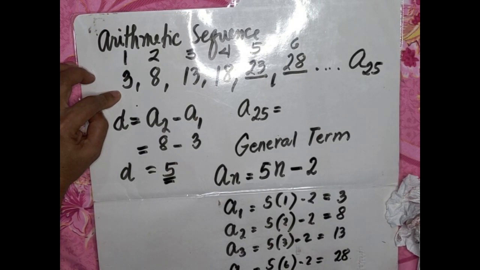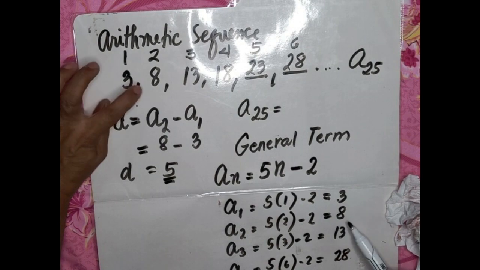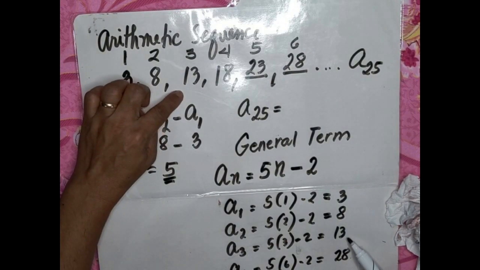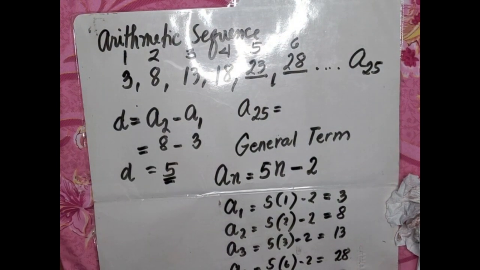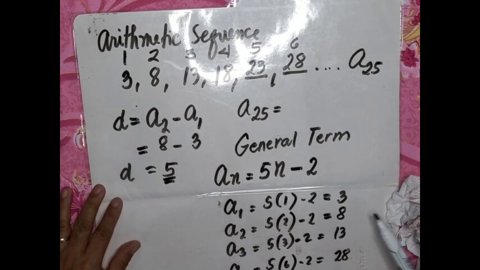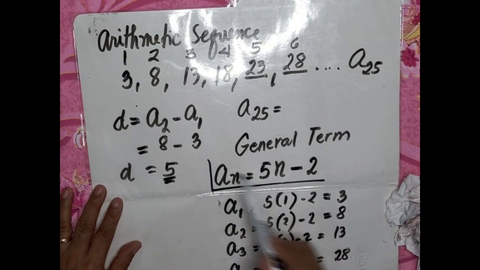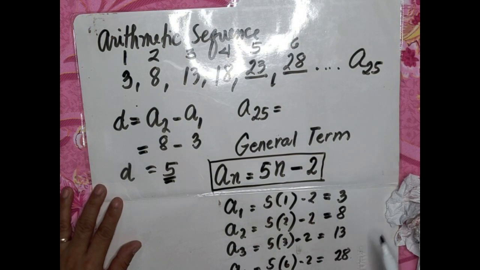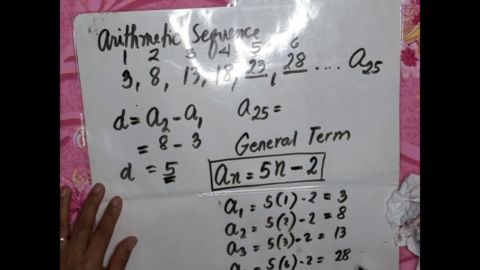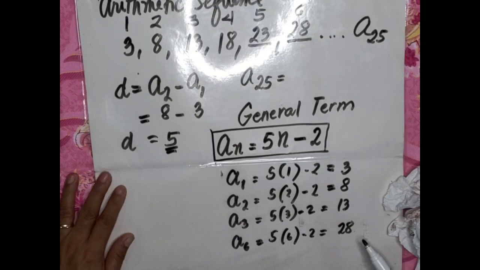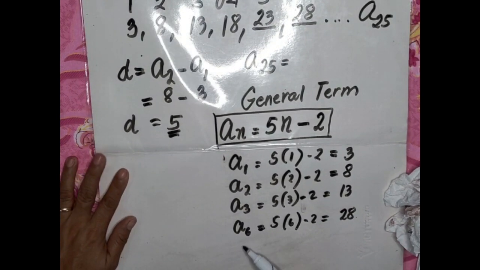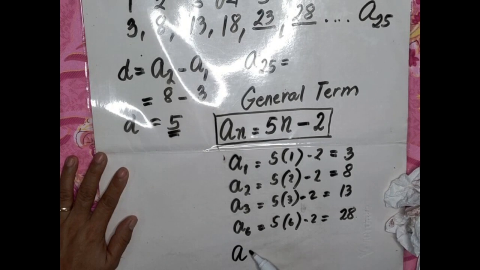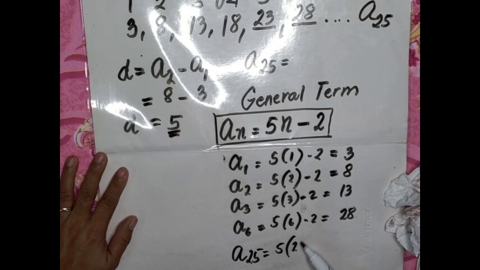So we have proven that our first term is 3, second term is 8, third term is 13, and our sixth term is 28. So it means our general term, a sub n, is equal to 5n minus 2 is correct. So therefore, if we are going to find a sub 25, that is the 25th term, a sub 25 would be 5 times 25 minus 2.